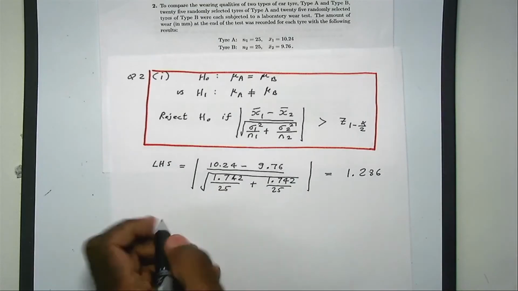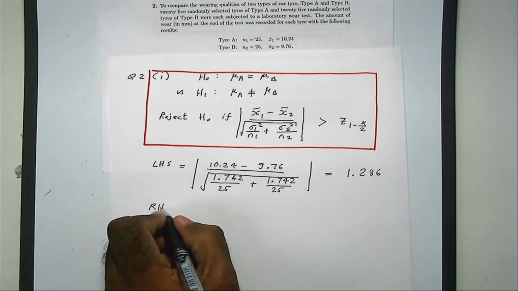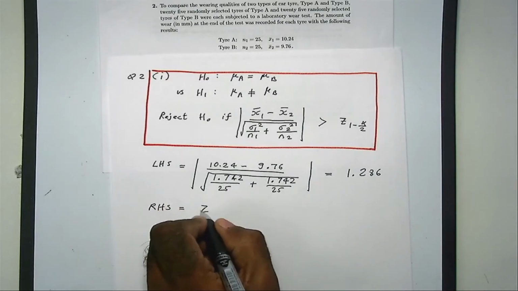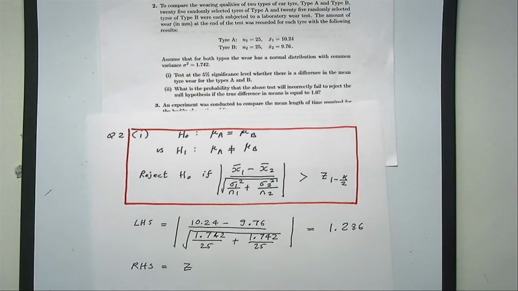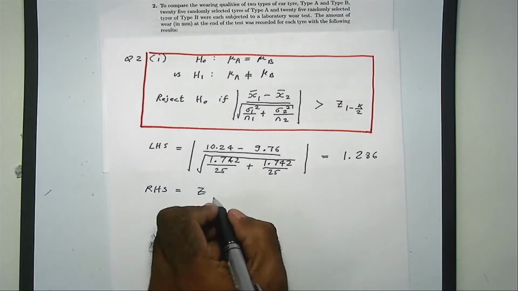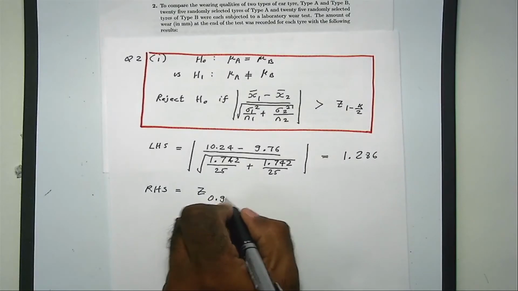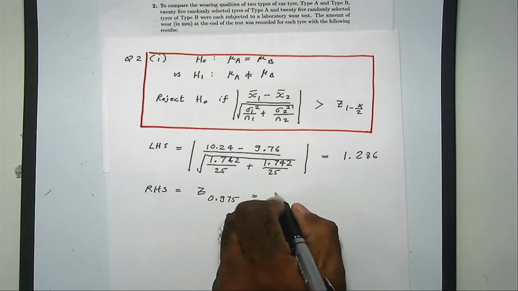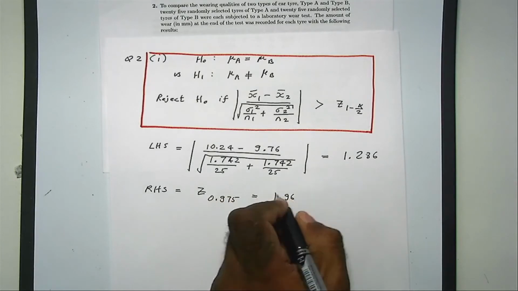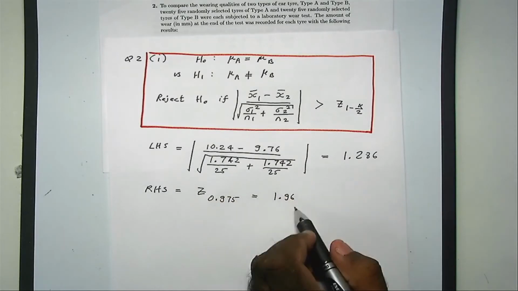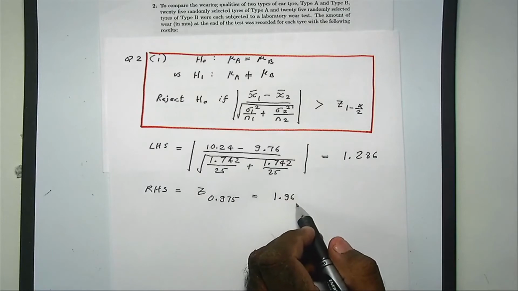The right hand side is, we want the 5%, so your alpha is 0.05. So this is z 0.975, which is 1.96. And clearly this is not greater than 1.96, right?